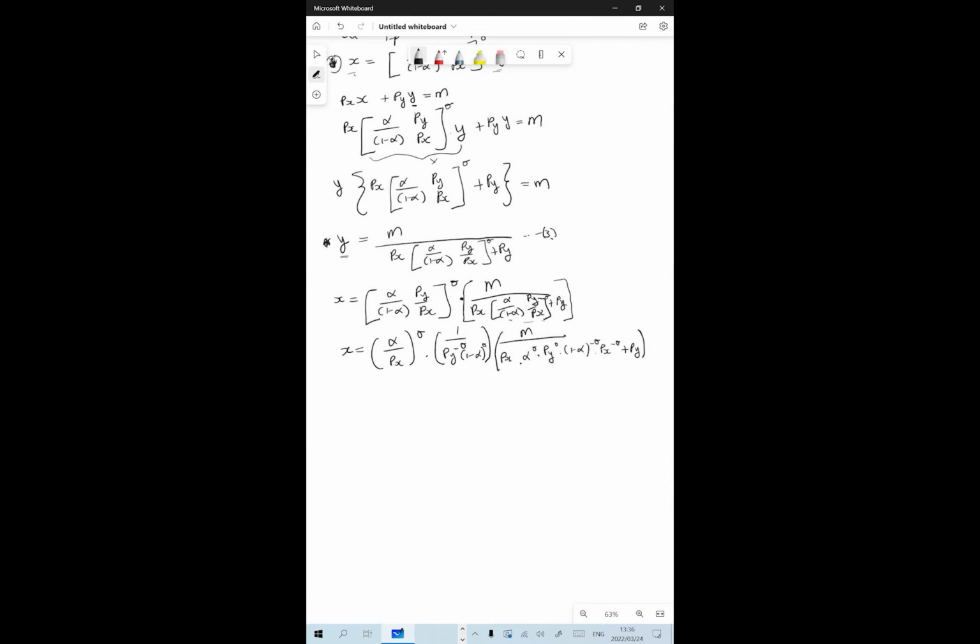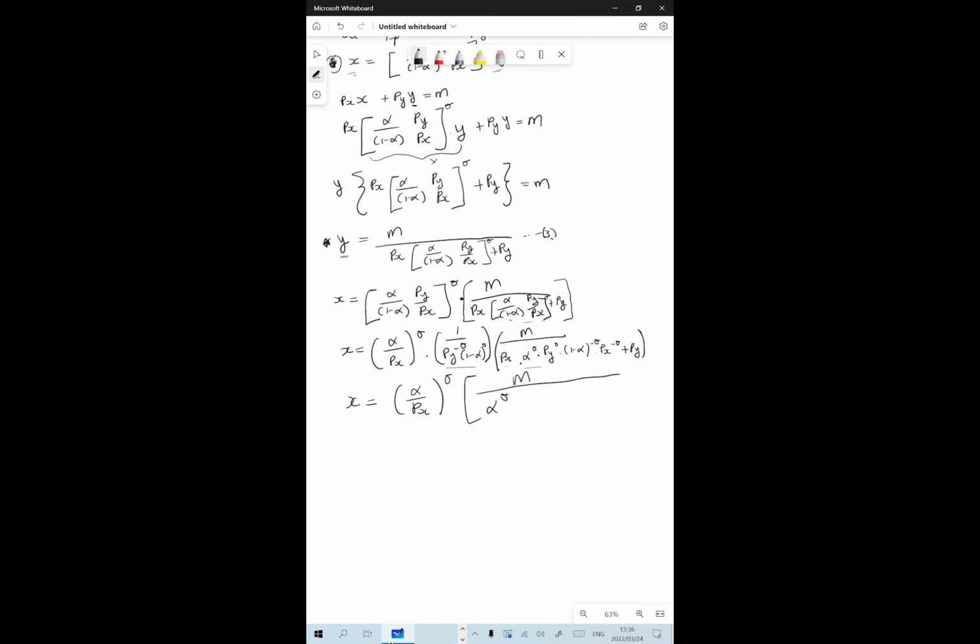Okay, so now we can clean it up a bit further. We can multiply these two out. Let me say we've got alpha to the power of sigma. Our px, what else do we have here?